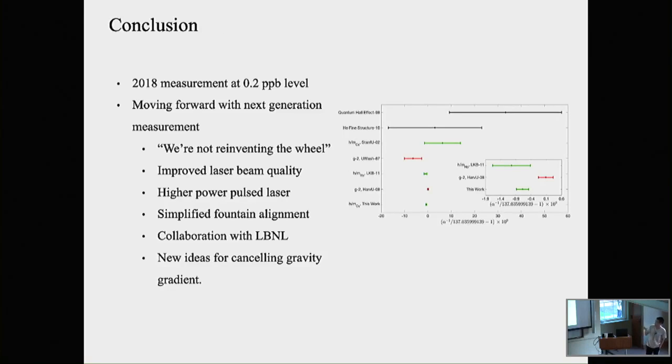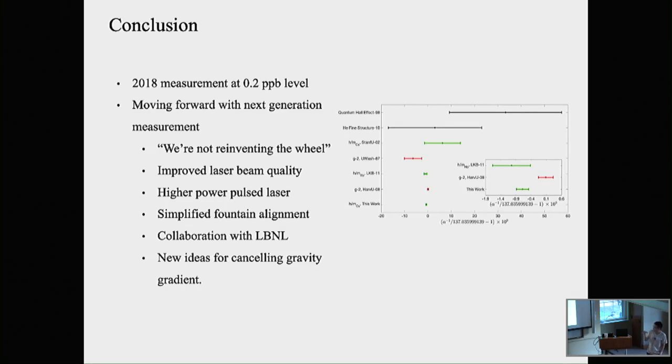So here's the conclusion of the talk. We achieved 0.20 parts per billion last year, and we are moving to the next generation of measurement. As my advisor Holger Müller said, we are not reinventing the wheel, because the last measurement took more than 15 years, and we expect the next generation experiment to happen in 3 to 4 years, because we are going to recycle some techniques.